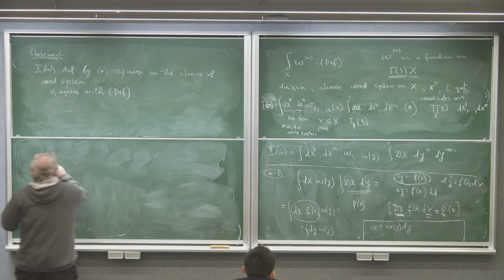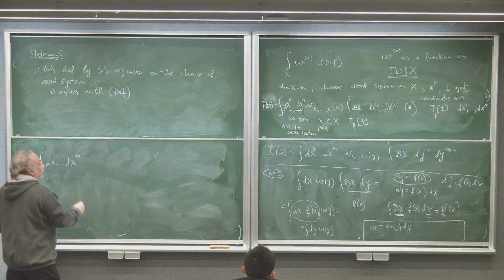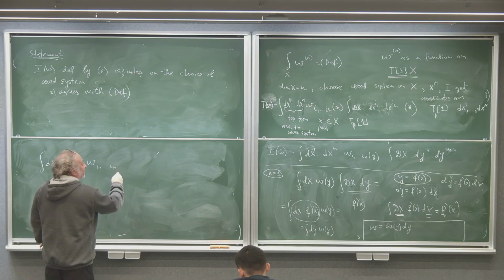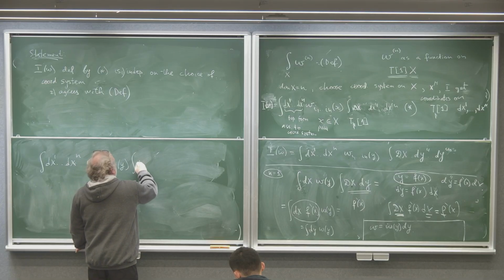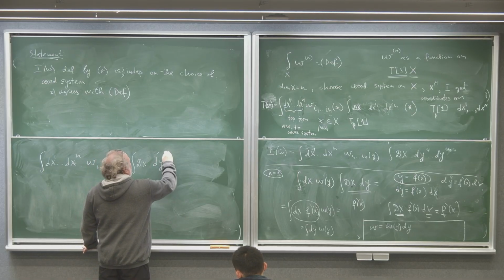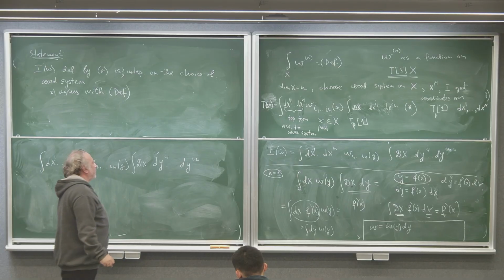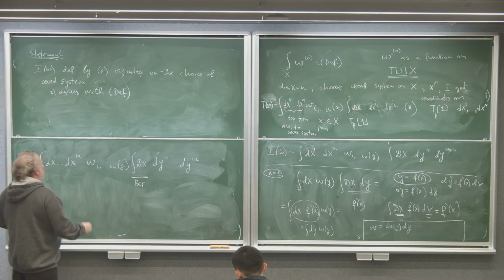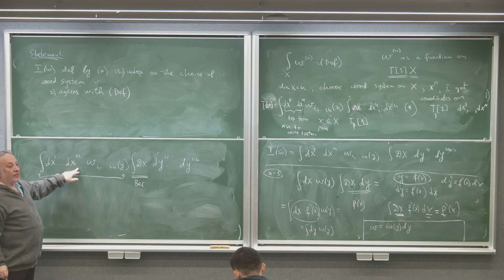In general, we would like to write the following thing. dx1 ... dxn, omega I1 ... In of y, integral dx. And here we will have dy I1 ... dy In. So this is the very integral that you know from the textbook when you have this differential form.